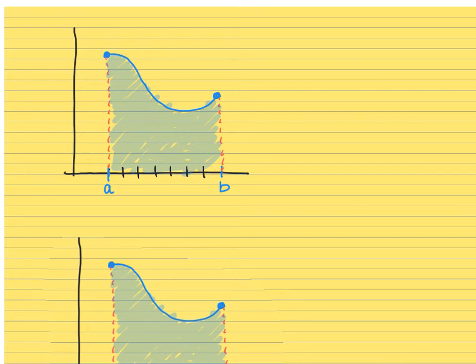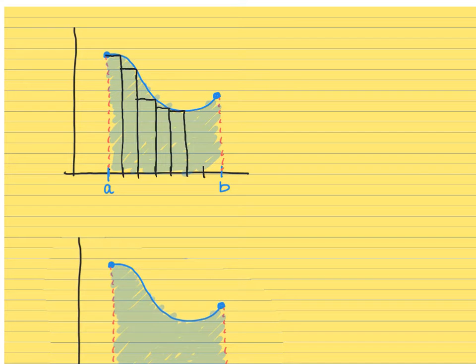In this case, we've got 1, 2, 3, 4, 5, 6, 7. And then, using the right hand side of each segment, we'd go up until we hit the curve and then create a rectangle that tops out at that right hand side. So this is the right hand rule.